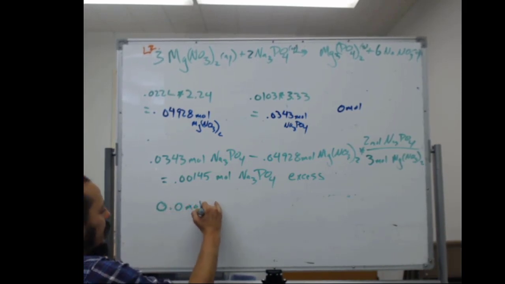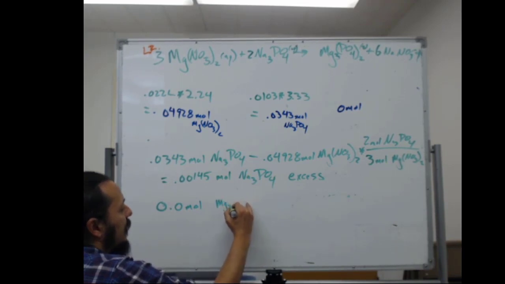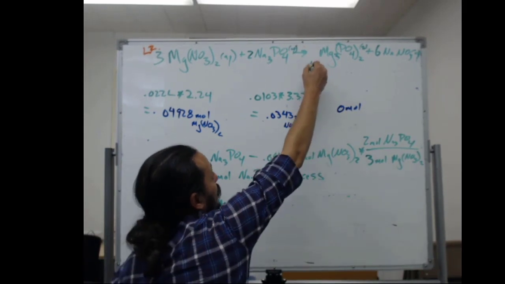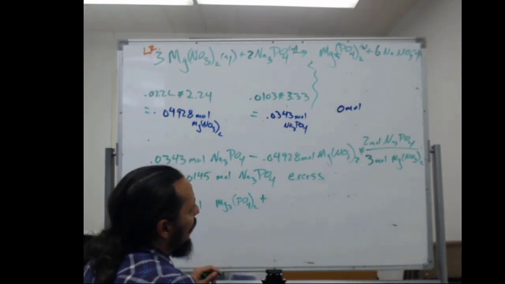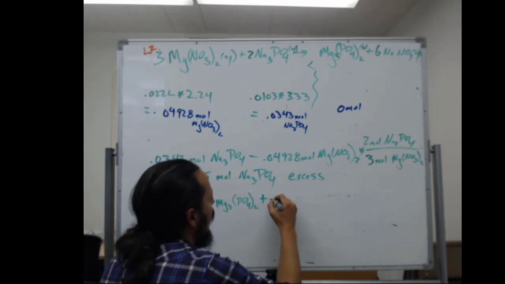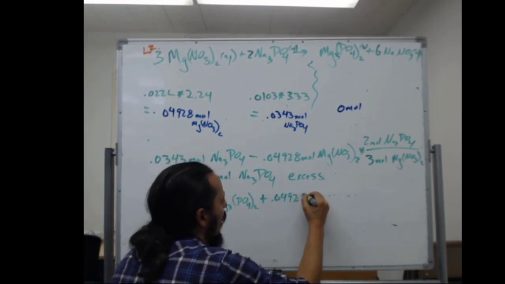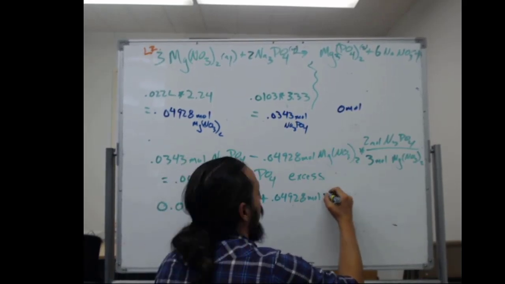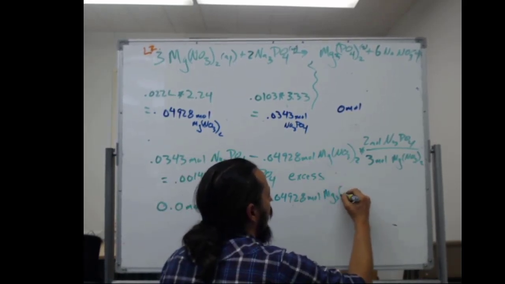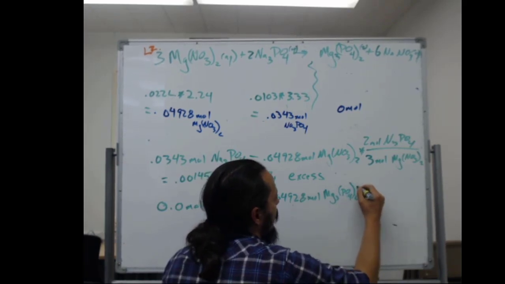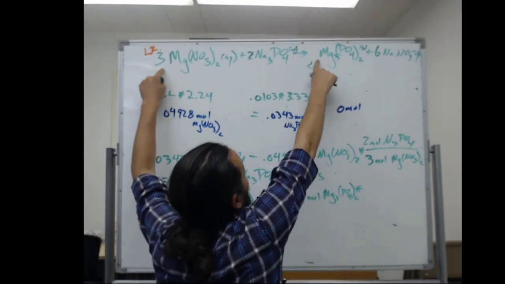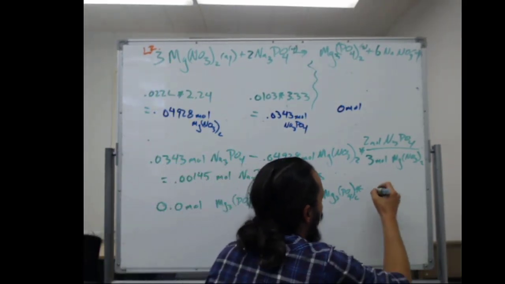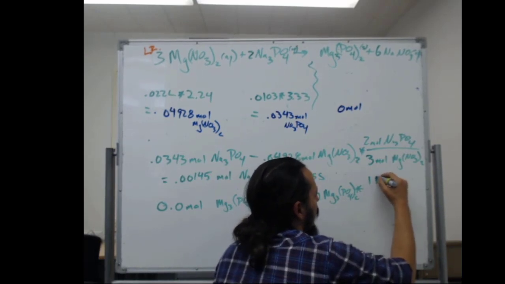0.0 moles magnesium phosphate. Since this is on the product side, we'll be adding our limiting reactant. It's how many times we make this product, 0.04928 moles. Magnesium phosphate. Mole ratio in this case is 1 to 3, 1 mole of magnesium phosphate for every 3 moles magnesium nitrate. Got it right that time.